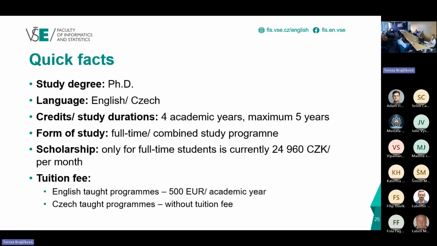You can apply for the dorms we have in Jarov, which is about 50 minutes by tram. So this is the basic information about the doctoral program which I would like to introduce.